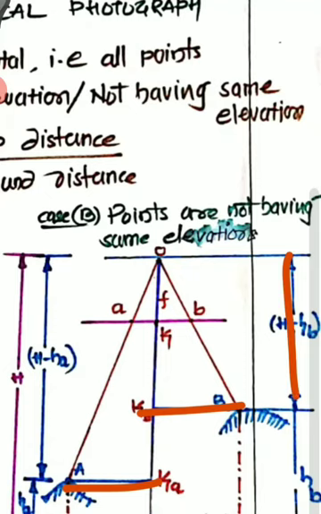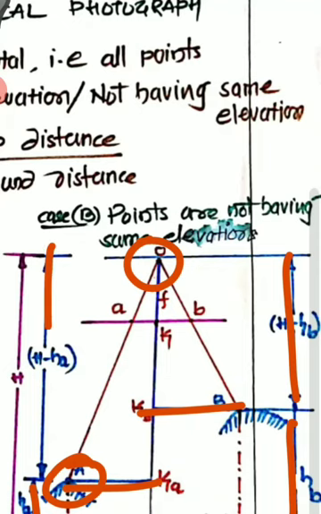H minus HB will be the distance from exposure station to the point, whereas the distance between the datum and ground towards point B is HB. Similarly here the distance between datum point and the ground is HA, whereas the distance between point A and the exposure station is H minus HA, and the distance of exposure station above mean sea level is capital H.